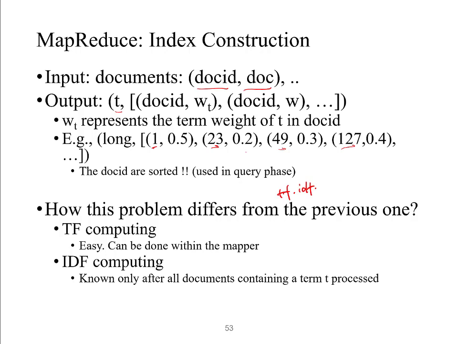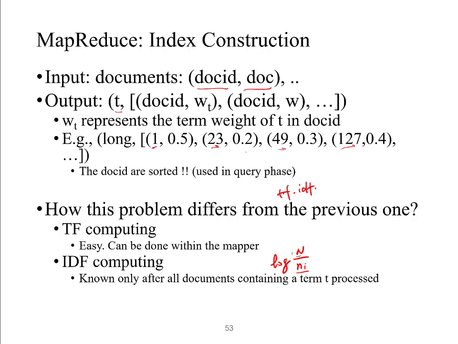TF is kind of easy to compute, but the IDF part is log of big N over small n_i. This big N is already known, but n_i stands for how many documents the term t_i appears in.